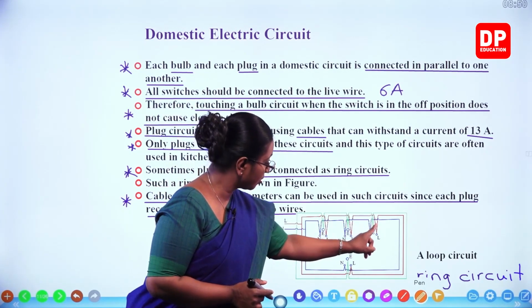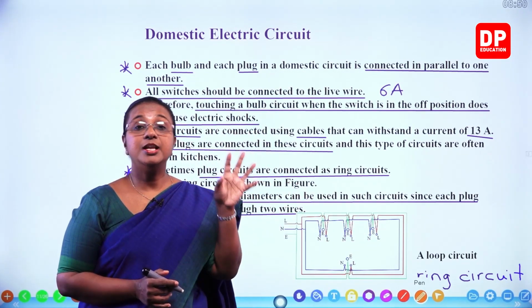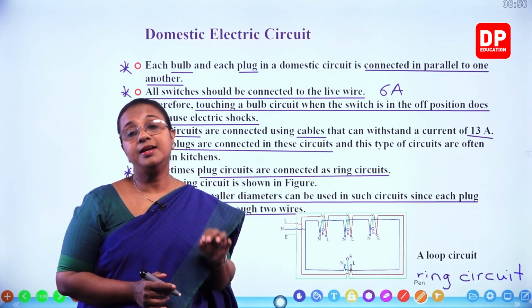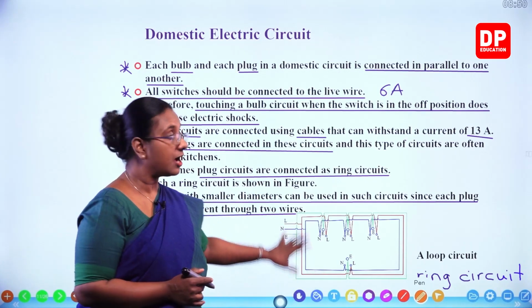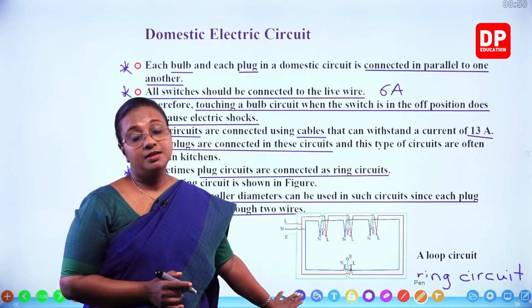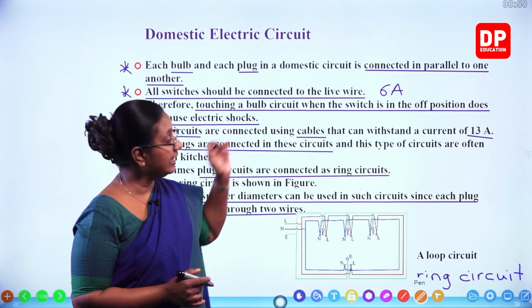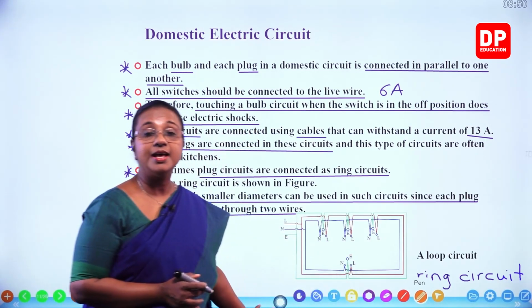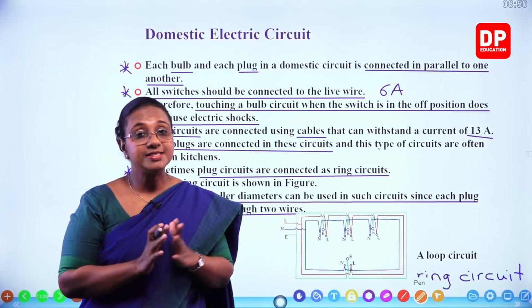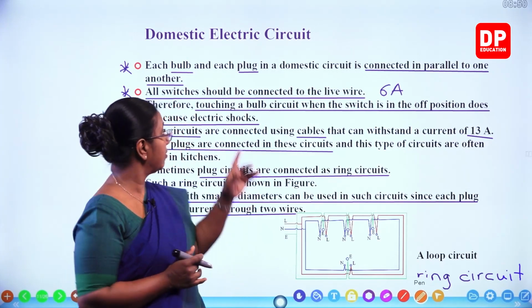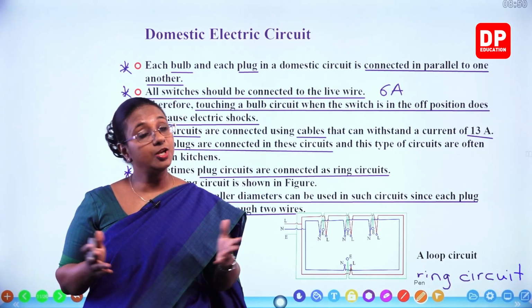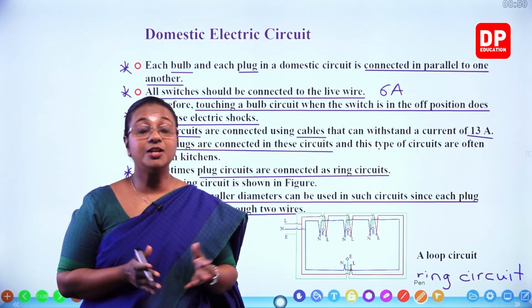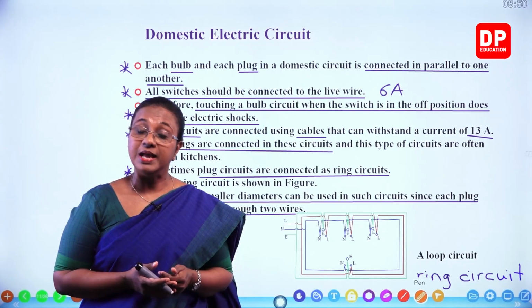And all the sockets are individual. Individually, you can turn them on and turn them off. That is there for all light bulbs and plugs as well, because they are anyway connected in parallel. But in addition to that, here also you have that advantage. So that is something you have to remember about the domestic electric circuit or the household electric circuit, or what we can call the home electric circuit.